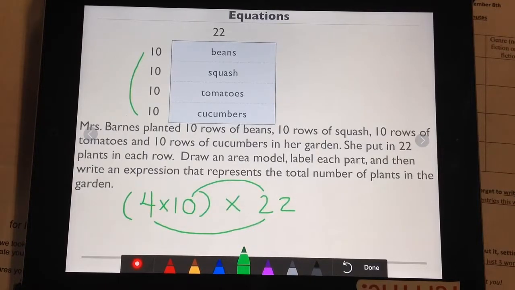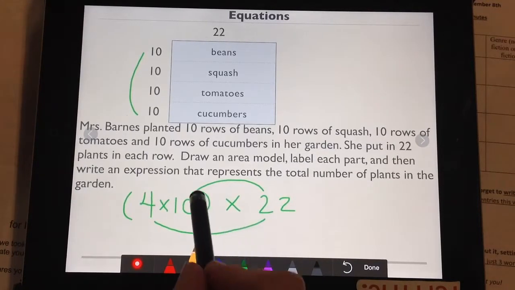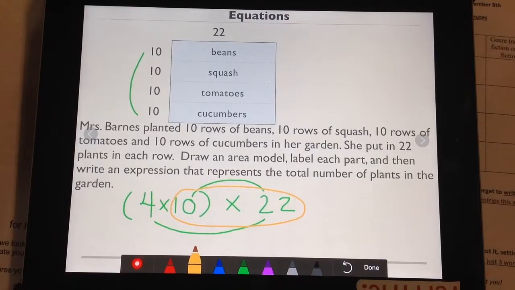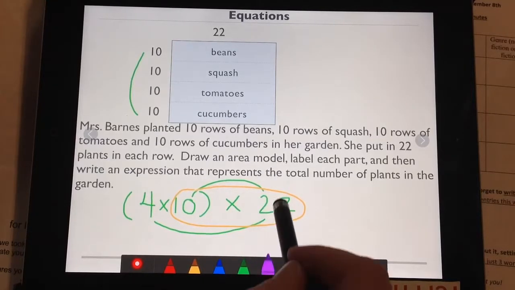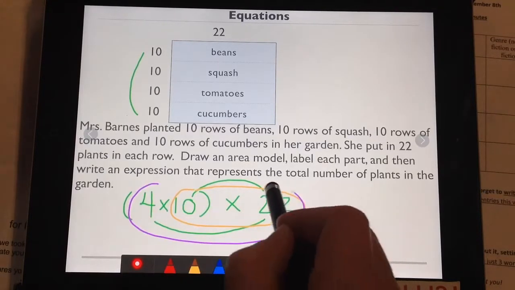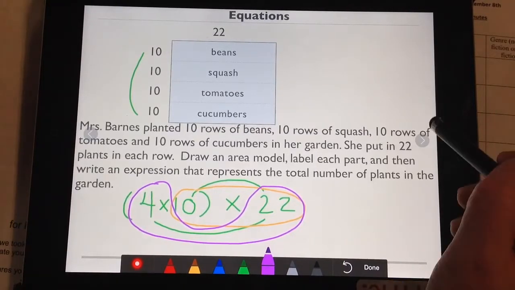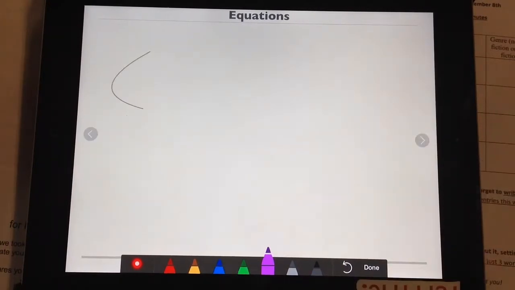Or I could do the associative property, which is 10 times 22 times 4. Or 4 times 22 times 10. We have a variety of options. So let's go ahead and break this up.